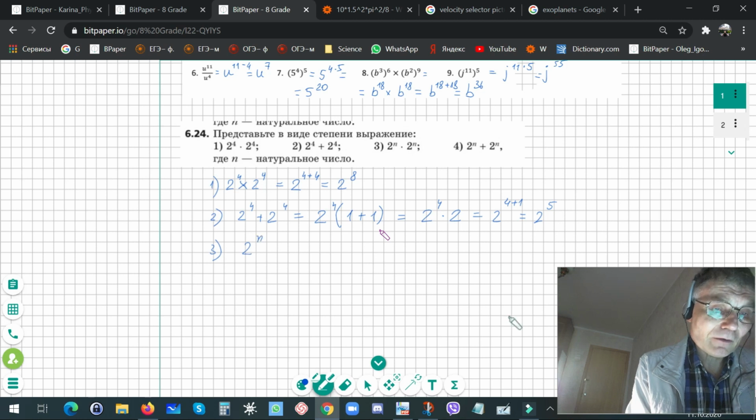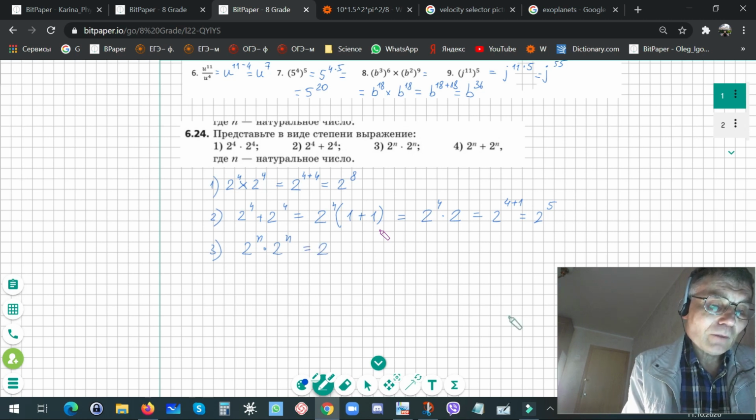2 to the power of n multiplied by 2 to the power of n. We know what to do. It's like the first one. We just write the same base, and when we find this sum, we get this one.